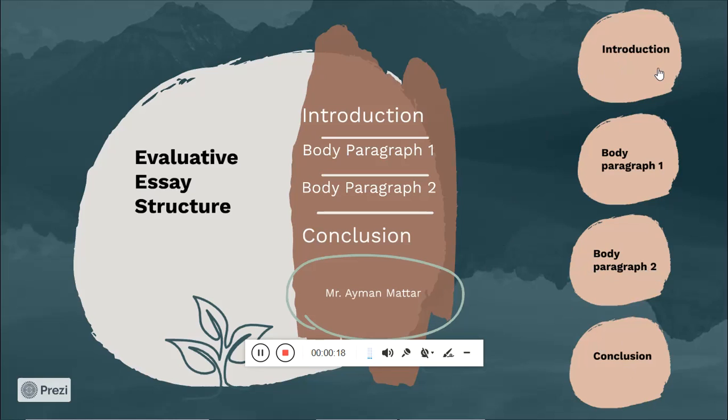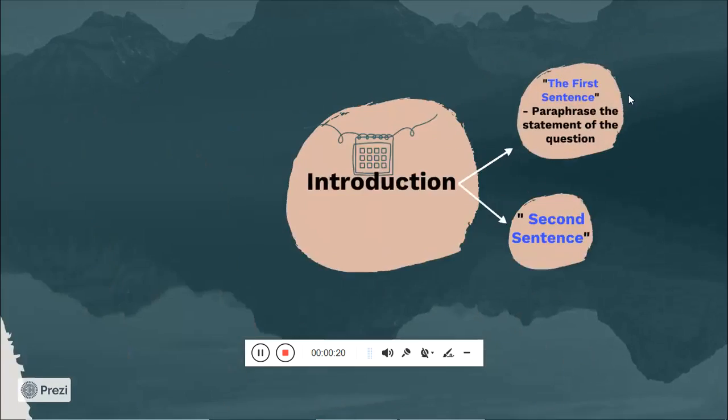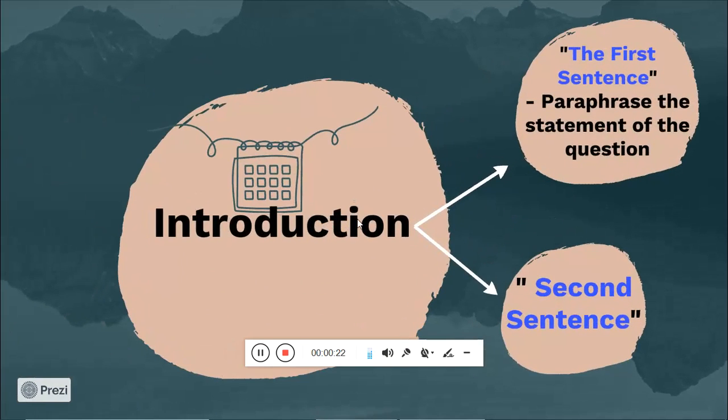Let's go to the introduction. Here in the introduction, we have got only two sentences. The first sentence is a paraphrasing of the statement of the question. It also contains some buttons that can be used to write such a question.